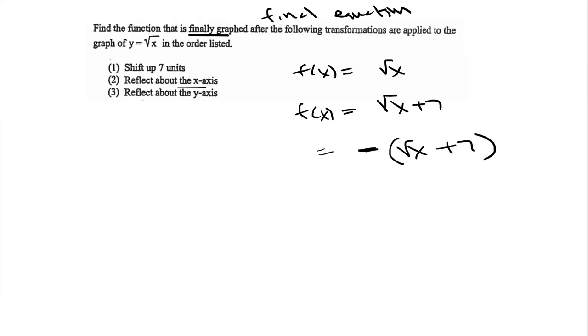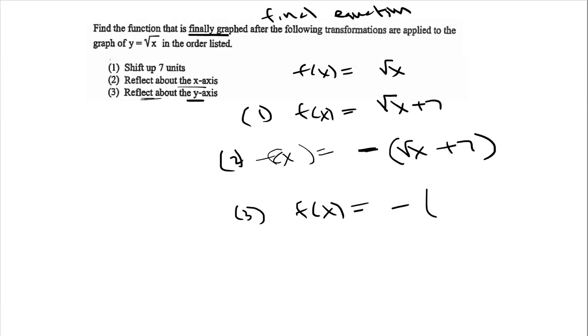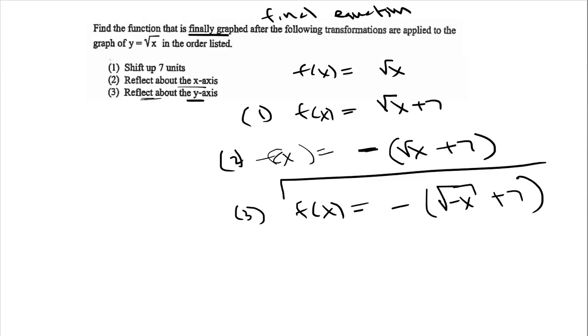So again, this is the first one, here's the second one. And the third one says we want to reflect about the y-axis. So part 3, that's going to be negative, and then to reflect about the y-axis, we have to put a negative inside whatever variable that we have. So in this case, we're going to put a negative x inside that radical, then plus 7. And that will be our final equation there.